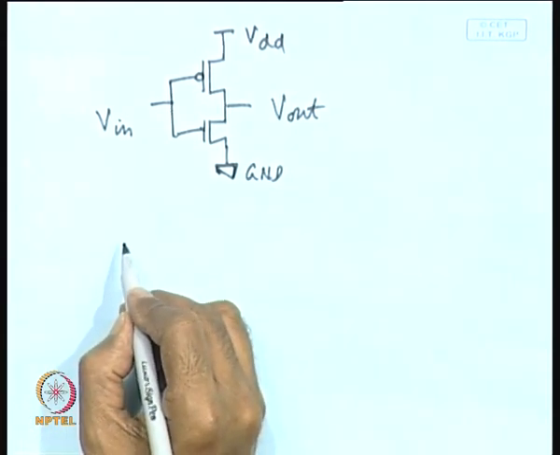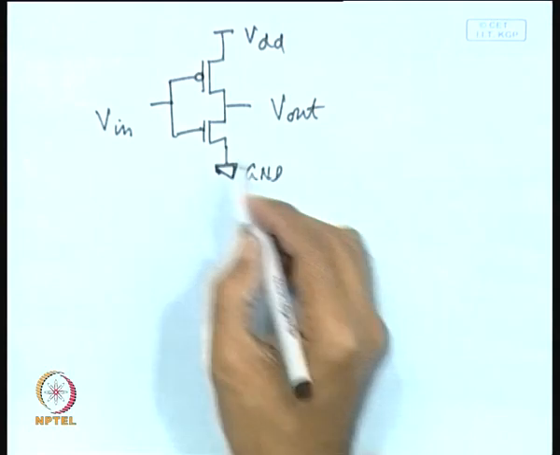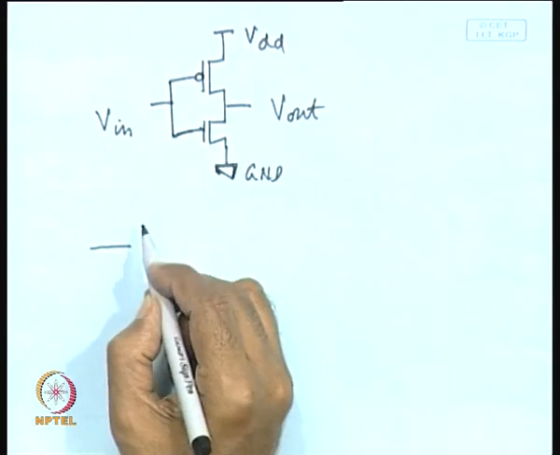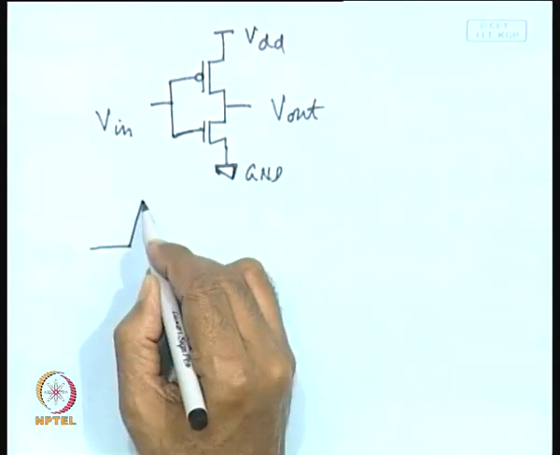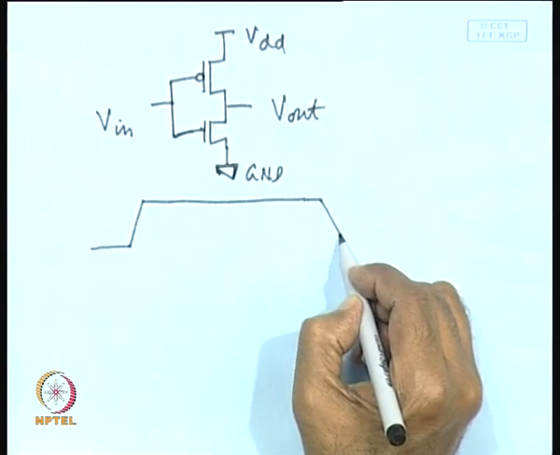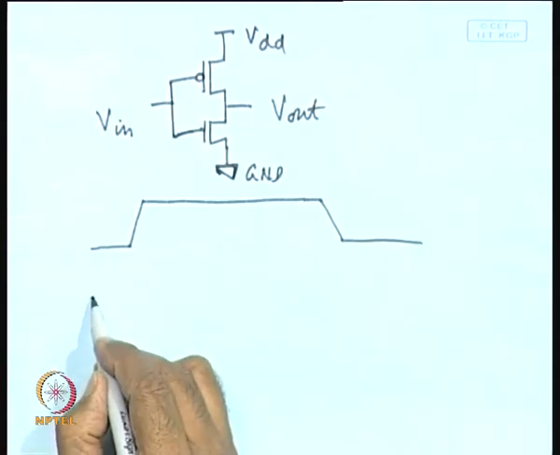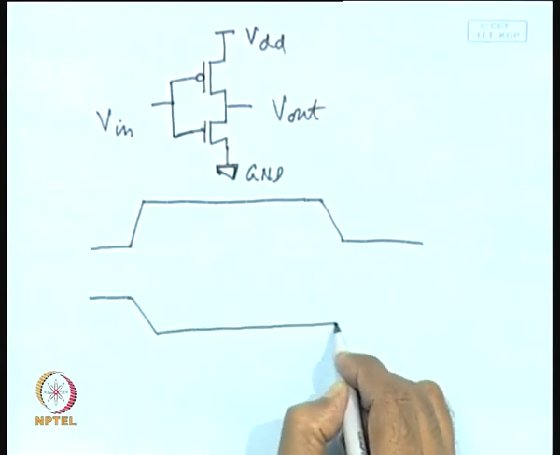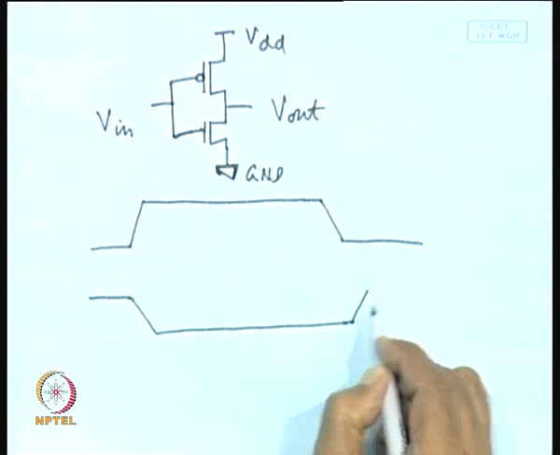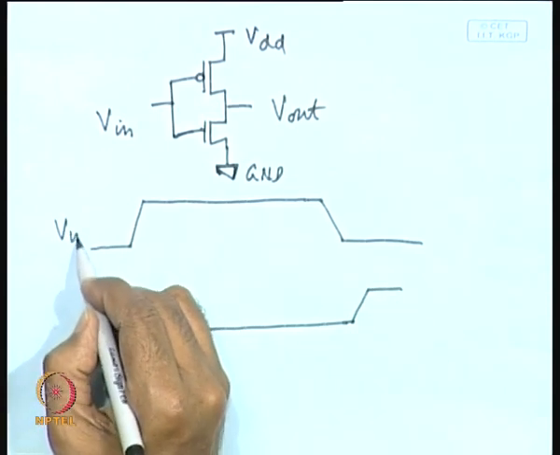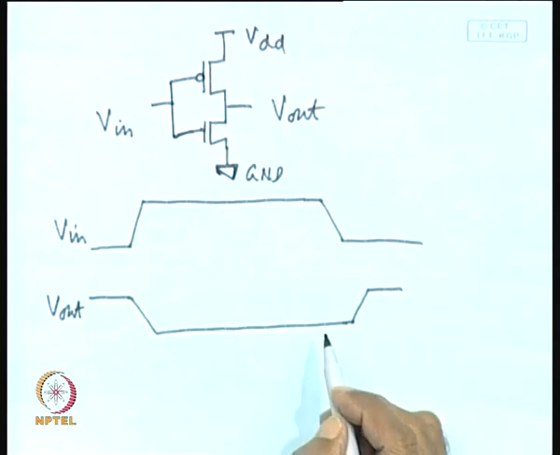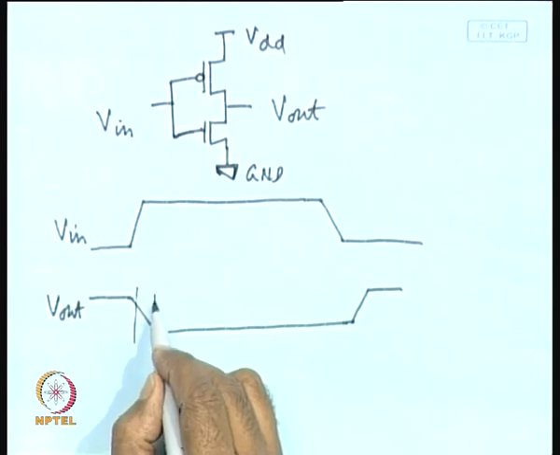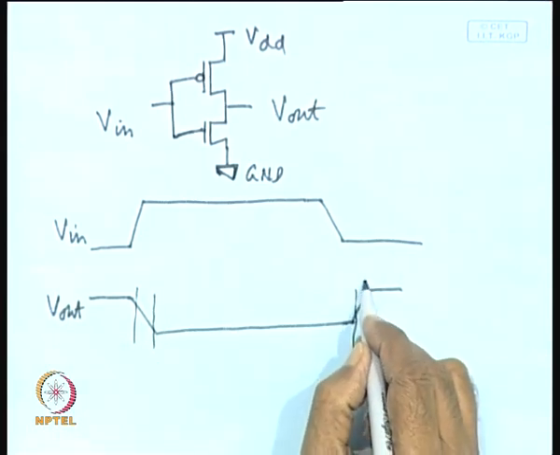Now, whenever you are changing the inputs, let us assume your input is like this. This is your input, so the output will have opposite phase. This is the output. So, this is V in, this is V out. Here you have 3 points, here also 3 points.